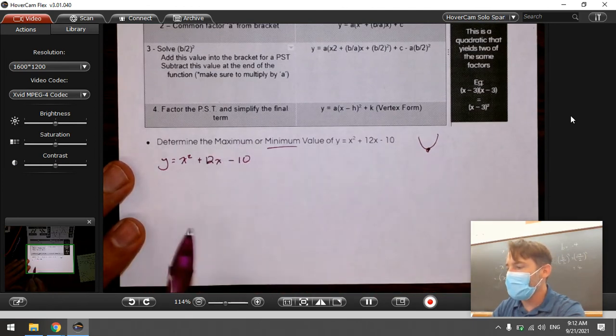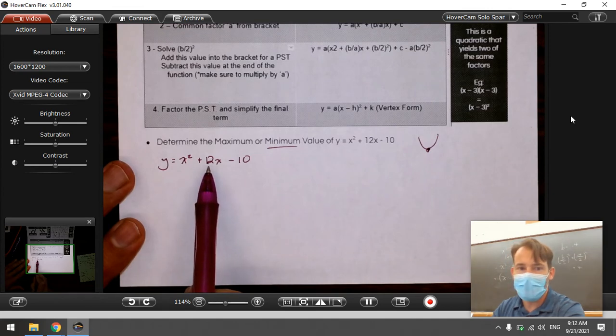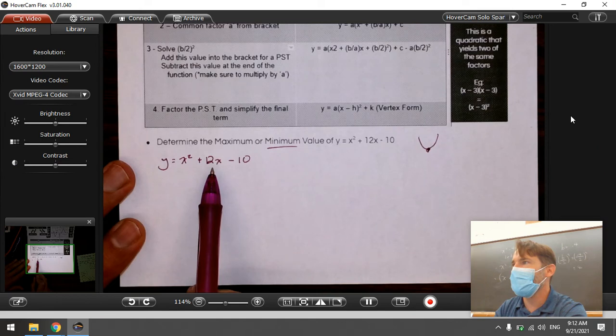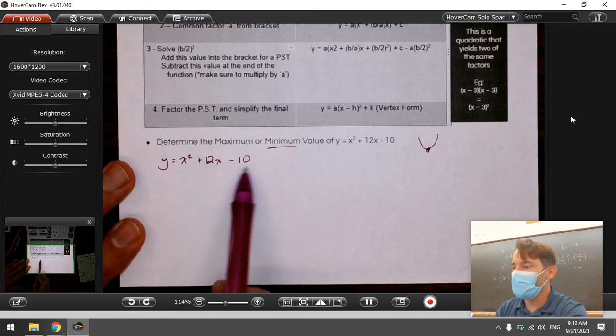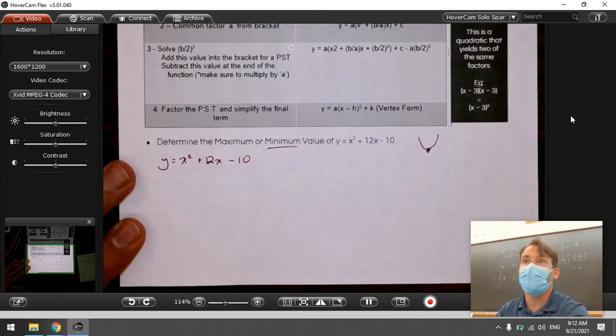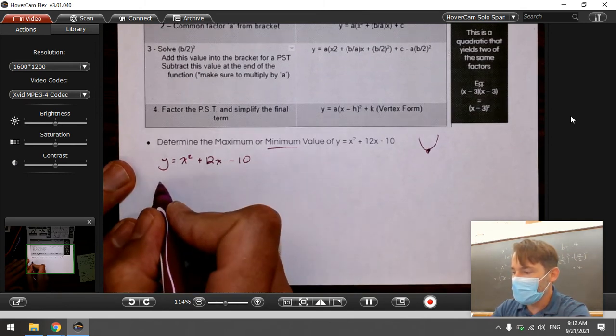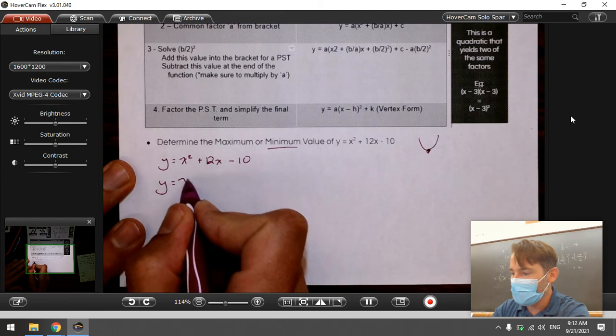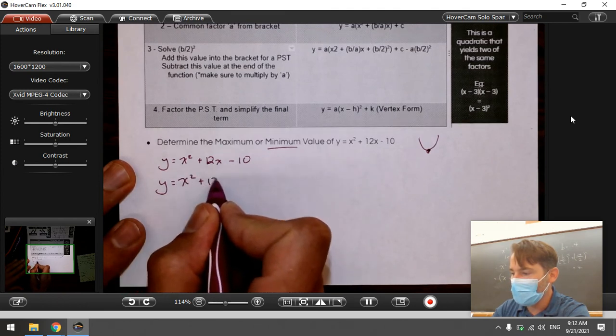All right. Now I look at this and I say, okay, 12, I'm going to take half of that and then square it. So what is that? Don't we have m? It's already given here as negative 10. That's our c. But I'm going to add something and subtract it from the quadratic. And you'll see what I do here. So this is the same thing as saying y is equal to x squared plus 12x.